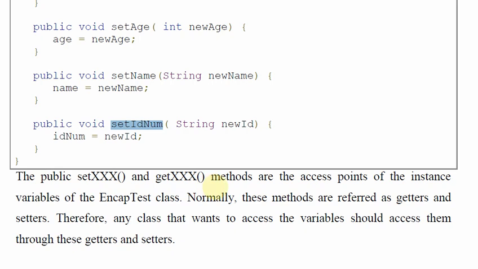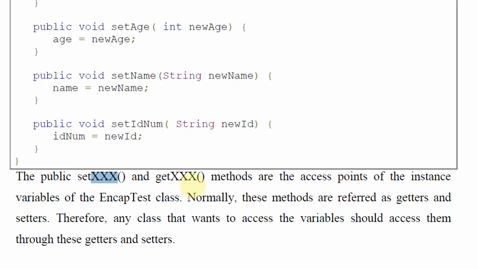Both are methods, and you can see setIdNum, setName, setAge. It means set is a method and it works with your variable. What is this? This is just your variable name.